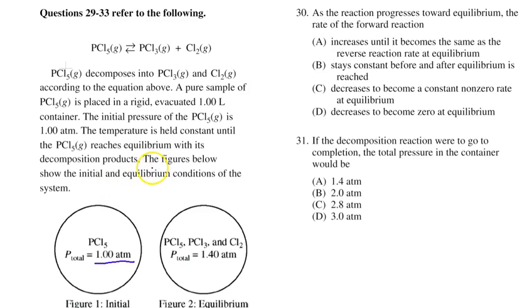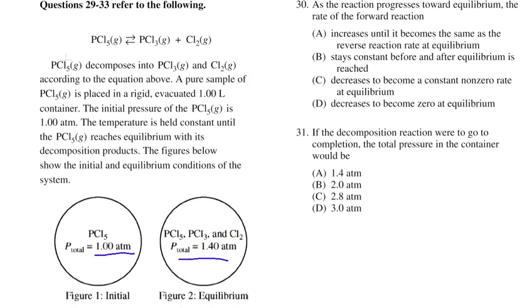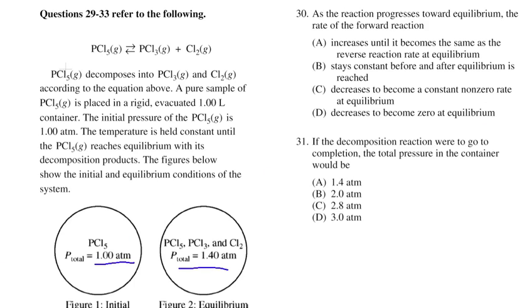It reaches equilibrium with its decomposition products as it decomposes, and you notice the pressure increased. So why did the pressure increase once it started decomposing? One molecule breaks apart into two more molecules. Because these are gases that fly around the container and collide with the sides of the container, you're creating more molecules of gas, and that is why the pressure increases.